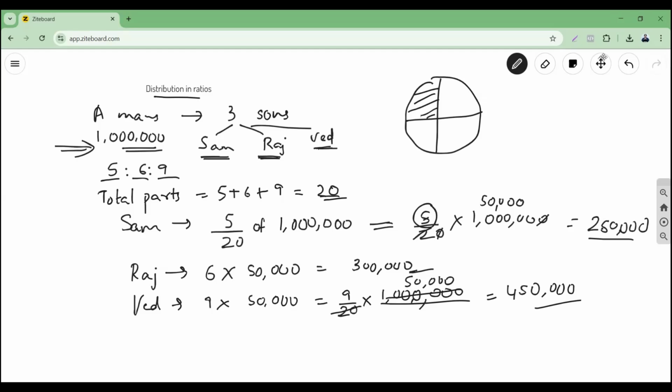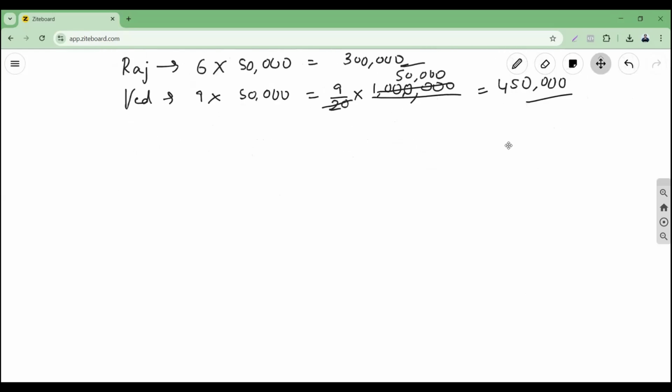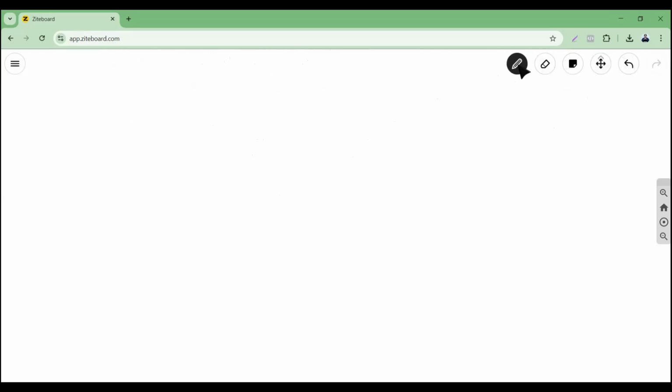Now we can have different problems based on this. For example, let's say a florist has a number of flowers, like lotuses, sunflowers and carnations, which you can actually count, right? Not the small flowers, bigger flowers.